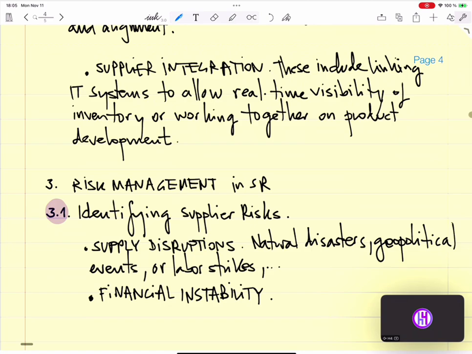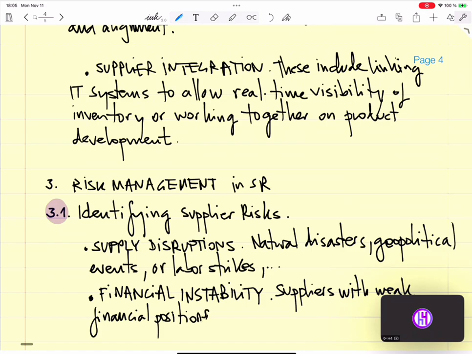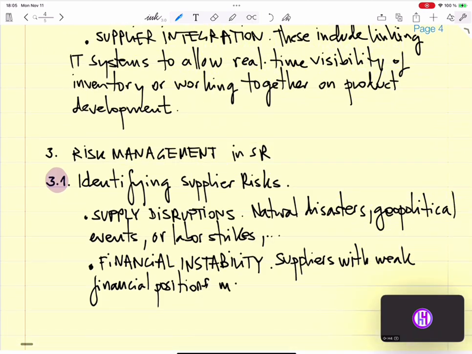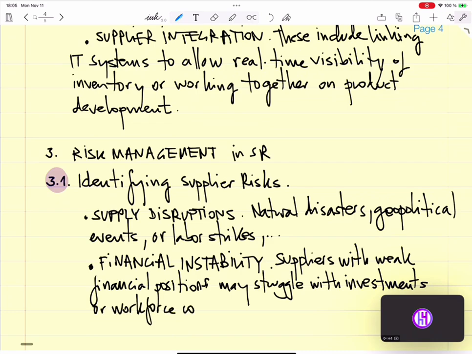So then you have financial stability or financial instability, I guess. Okay, so suppliers with weak financial positions struggle with investments or workforce, potentially affecting their reliability.